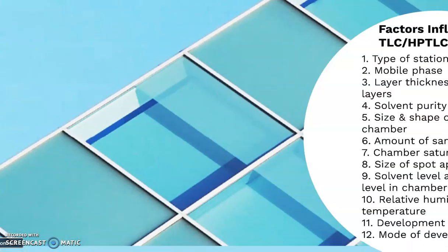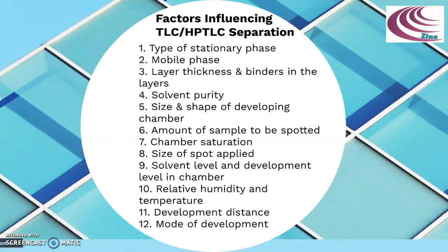Dear learners, now you have enough information about TLC and HPTLC chromatographic techniques. You can easily list out the drawbacks of TLC and comparison points with HPTLC. Before moving on to these points, first give a thought to the factors influencing TLC or HPTLC separation, such as type of stationary phase, mobile phase, layer thickness and binders in the layer, solvent purity, size and shape of developing chamber, amount of sample to be spotted, chamber saturation, size of spot applied, solvent level and development level in the chamber, relative humidity and temperature, and development distance.